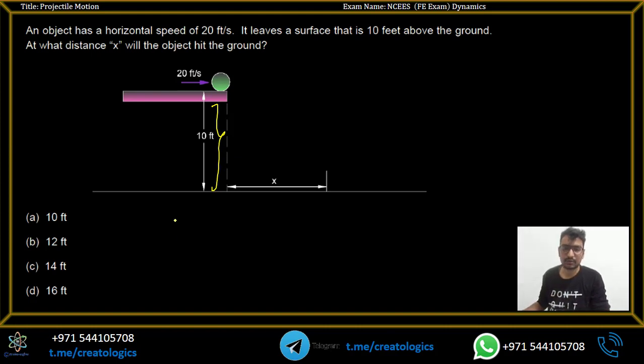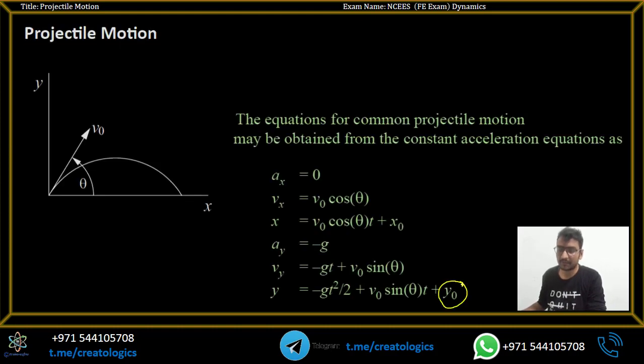Height is already there. So you can say the y naught in the given equations is already given as 10, right? Here, if the ball is thrown from this point, then y naught is 0. But in our question, some height is there. So this time in our question, y naught is already given as 10. So the ball is going from here. It will go like this. Okay.